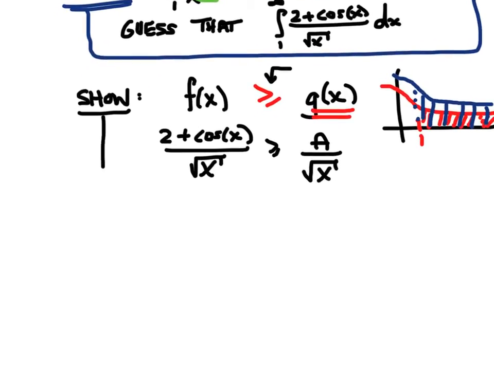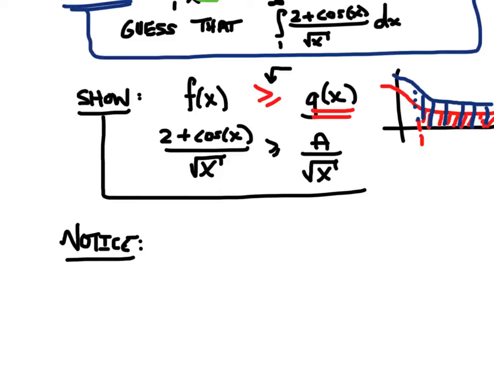So we look at just the numerator. 2 plus cosine of x is always bigger than or equal to 1. Why? Well, cosine x runs between -1 and 1, so the smallest 2 plus cosine x will be is 2 plus -1, which is 1. So we maintain this inequality.